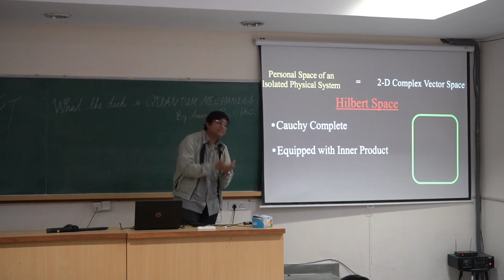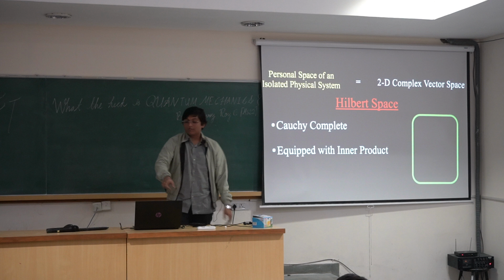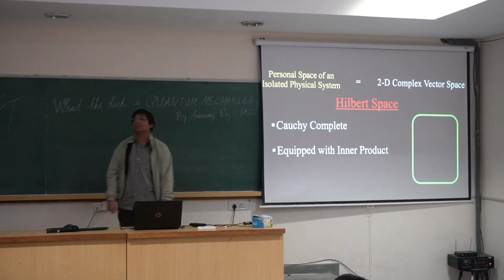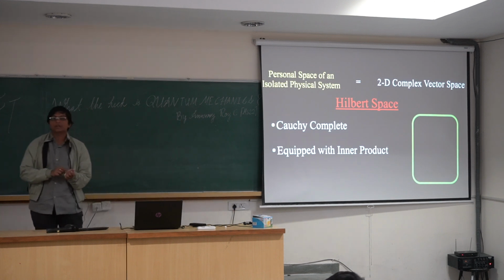A complex vector space makes the problem much easier. Because what's a 2D complex vector space in real space? Can anyone tell me what the dimensions are in real space?